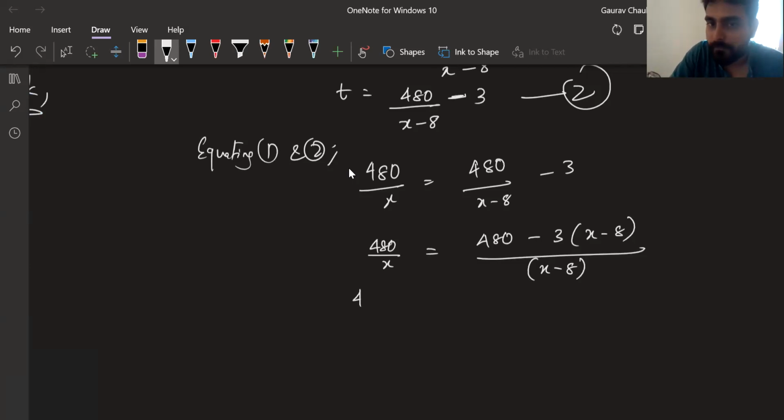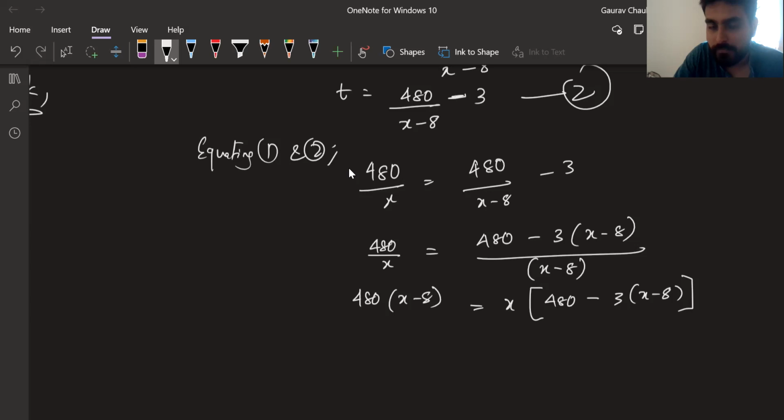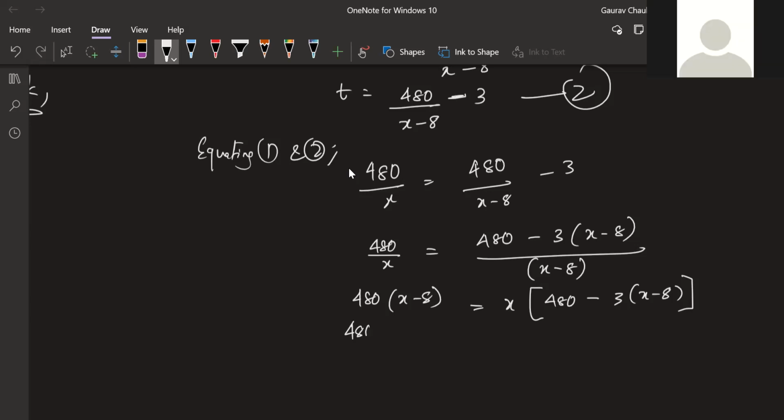And then it will be 480 x bracket x minus 8 is equal to x big bracket, sir, 480 minus 3 bracket x minus 8. Continue. And then 480 x, we are opening the bracket, sir. 480 x minus 3840, sir.